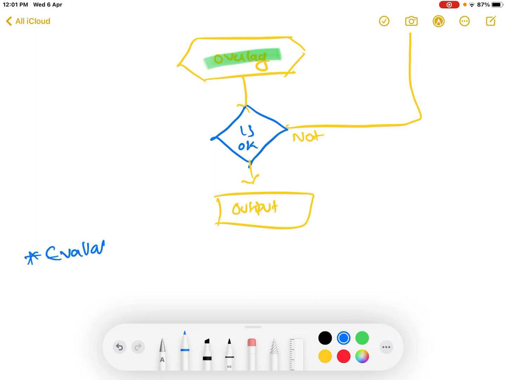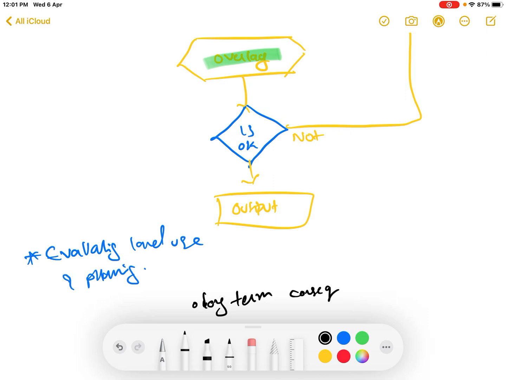Next, we are going to evaluate land use and planning. This is the second kind of application. You are going to evaluate the land use, like forest land use, and plan things. We are going to analyze the long-term consequences.